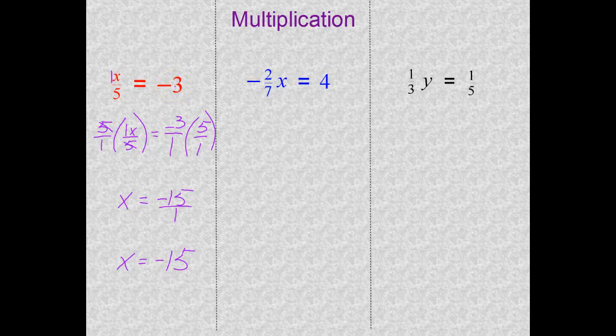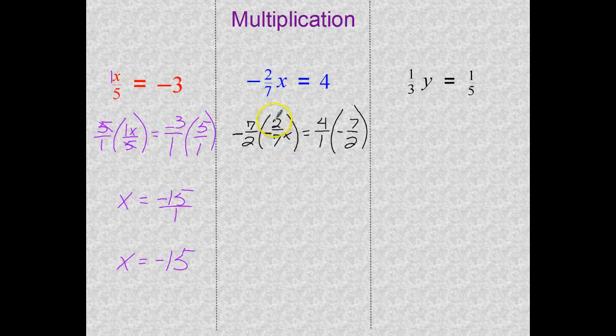Next problem. Same idea. We have a fraction touching the variable that is multiplying, so we are going to get rid of this fraction by doing the inverse or the reciprocal to both sides. So negative 7/2. All right, so look at all the canceling going on here, and you got your negative times a negative, which is a positive.